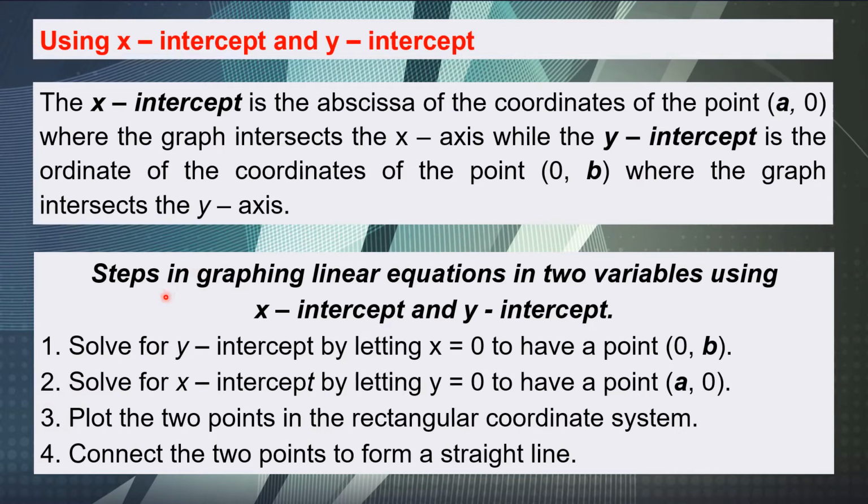So there are steps in graphing linear equations in two variables using x-intercept and y-intercept. First step is solve for y-intercept by letting x equals 0 to have a point 0, B. Second, solve for x-intercept by letting y equals 0 to have a point A, 0.